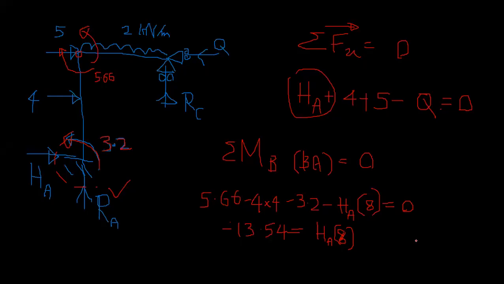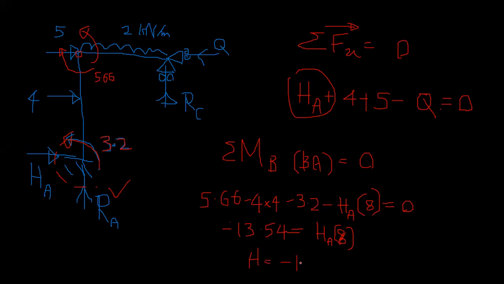If you divide it, HA is negative 1.69, minus.